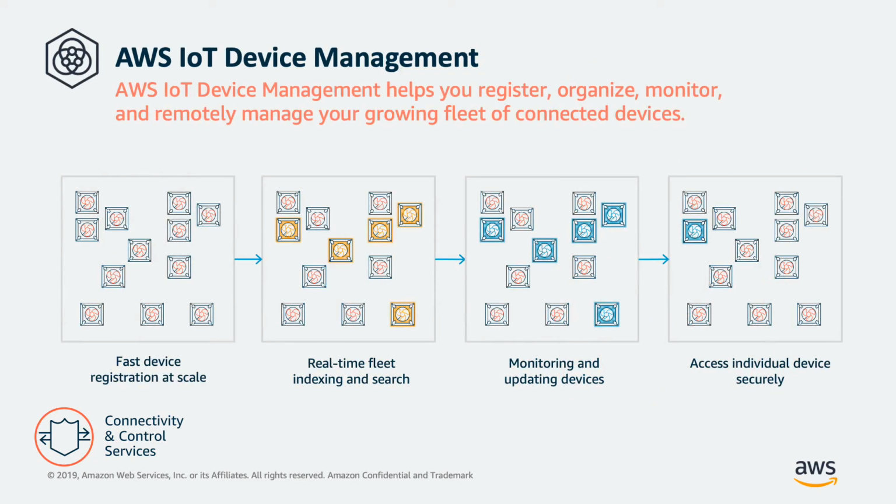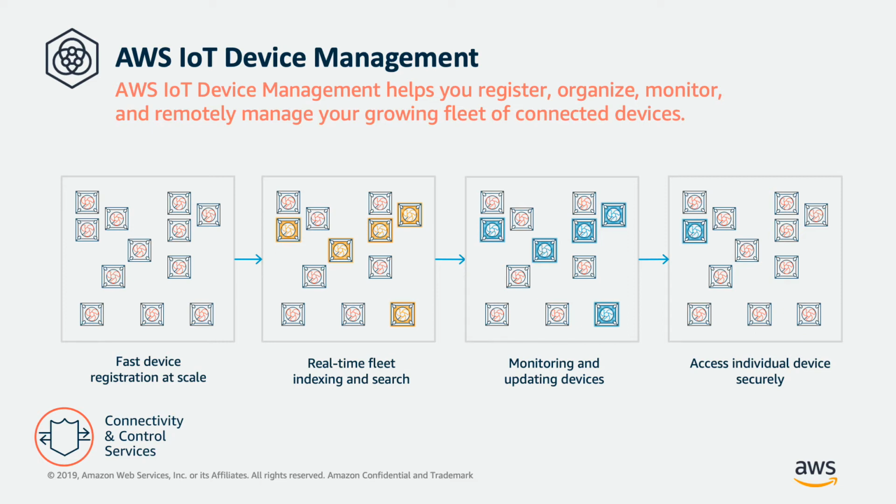The second critical service associated to connectivity and control services is AWS IoT Device Management. As many IoT deployments consist of hundreds of thousands to millions of devices, it is essential to track, monitor and manage connected device fleets. You need to ensure your IoT devices work properly and securely after they've been deployed.